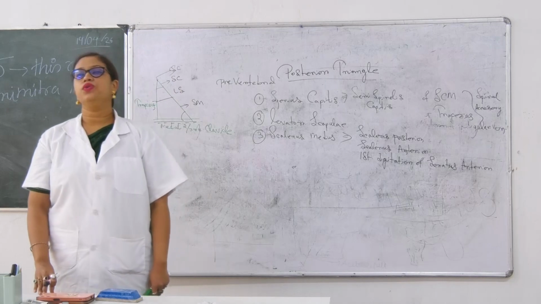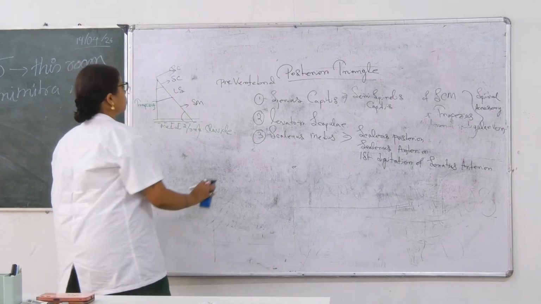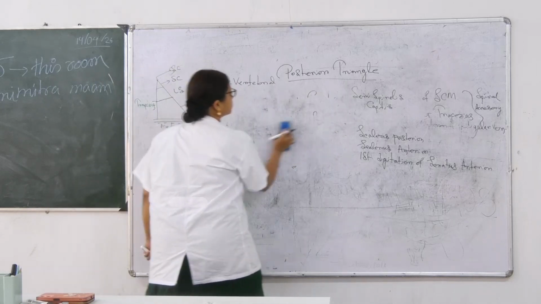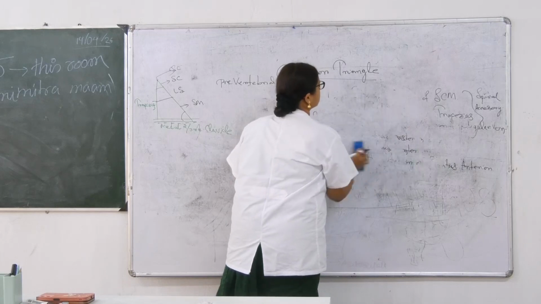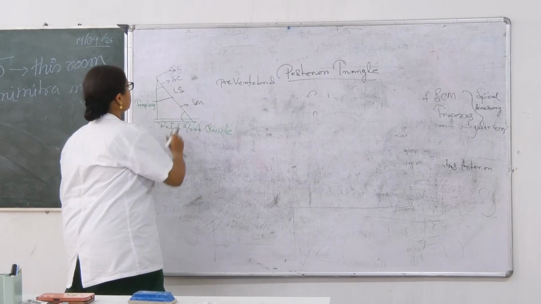is divided into two subdivisions. Okay, so this is suppose the posterior triangle.